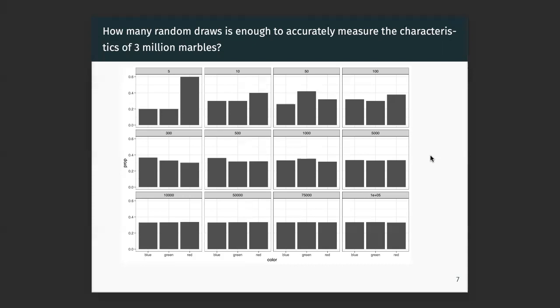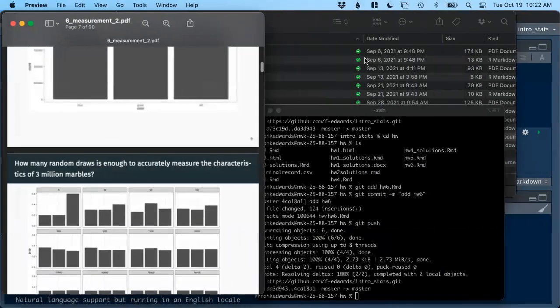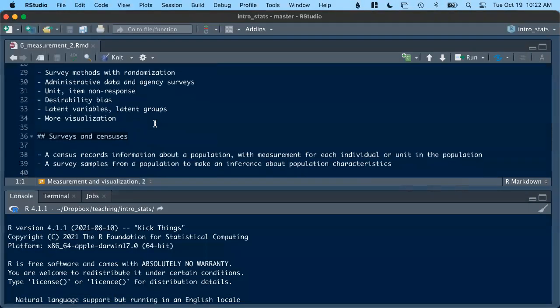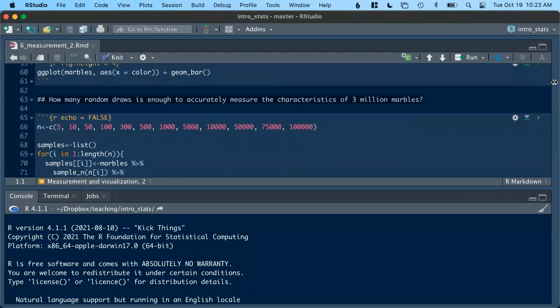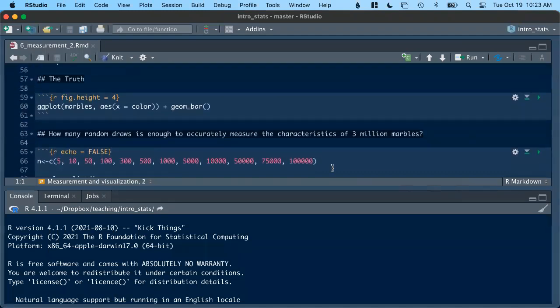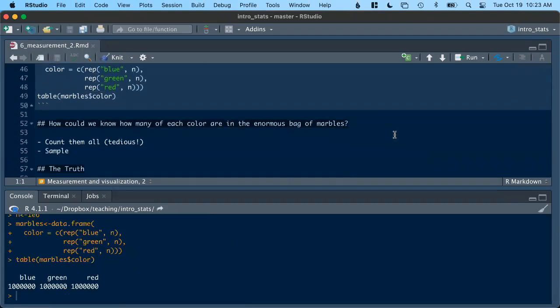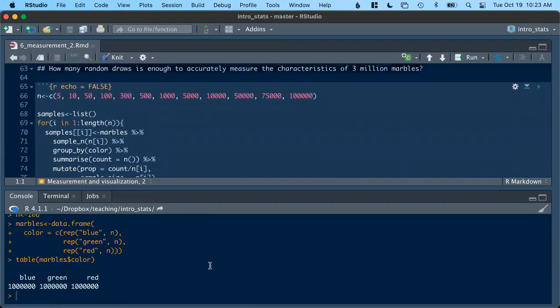If I drew that sample again, let's just see what happens when we do it. There's our marbles. And then let's do a sample of marbles color.